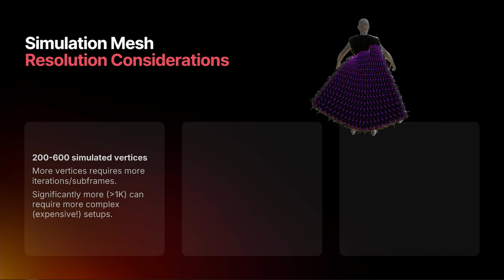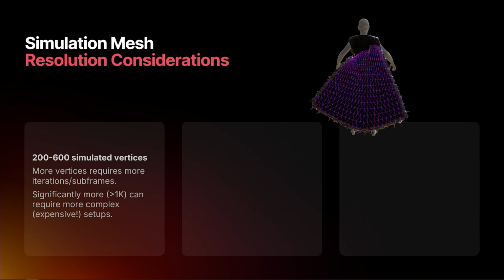While Chaos Cloth has a wide range of features to support anything from real-time game simulations up to cinematic quality cloth, we'll be focusing on which settings are appropriate for game quality cloth in this talk. In particular, when targeting a typical game, we recommend simulation meshes with a resolution of around 200 to 600 simulated vertices.